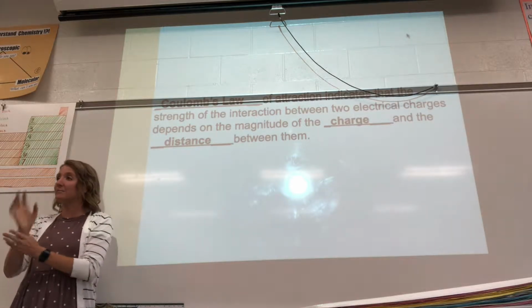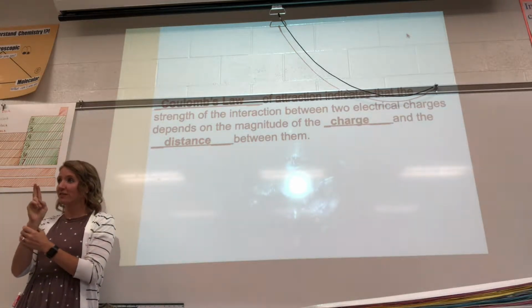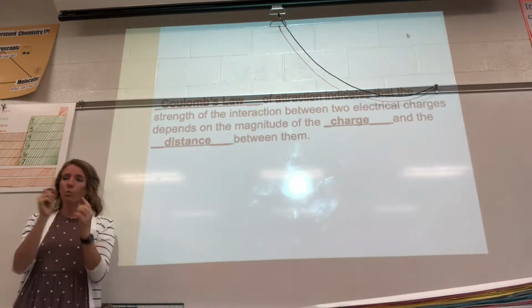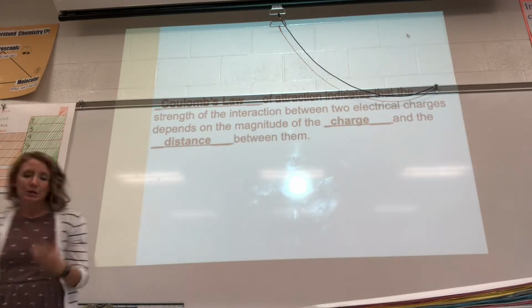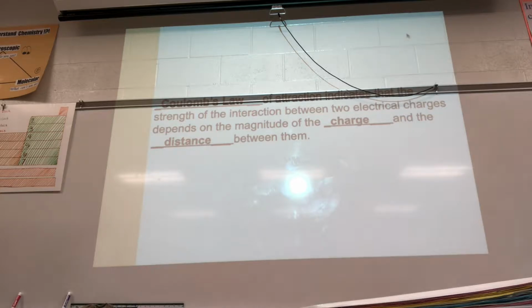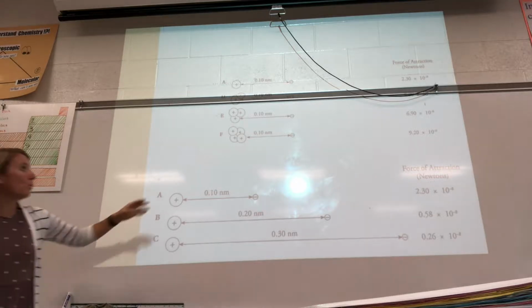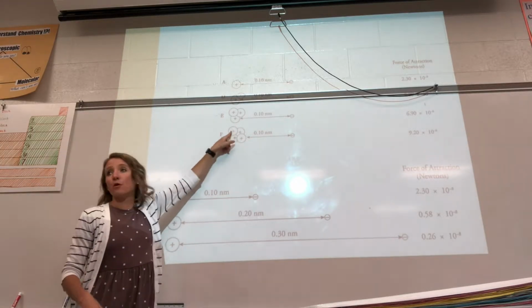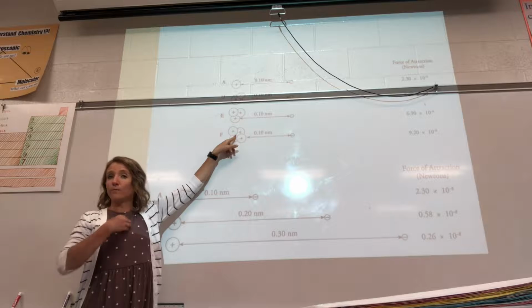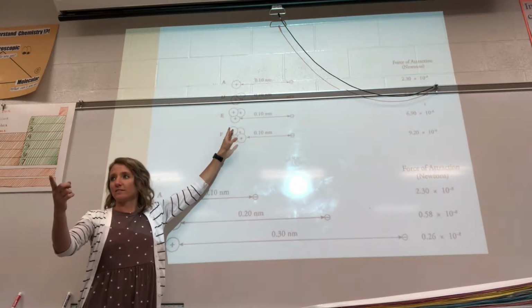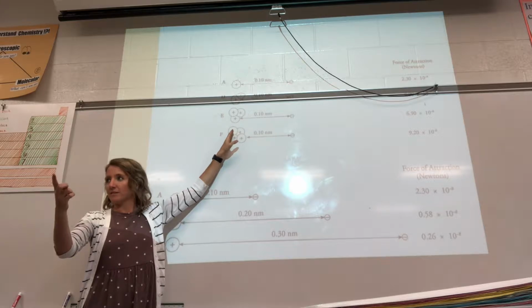Now, it's attracted by 2 factors. So if you want to know if it's going to increase in force, one of these 2 things has to change. So the 2 things that affect Coulombic attraction are charge and distance. So in terms of our atoms, what we want to look for are 1, if there's more protons. The more protons I have, the greater the force to the electrons there is.